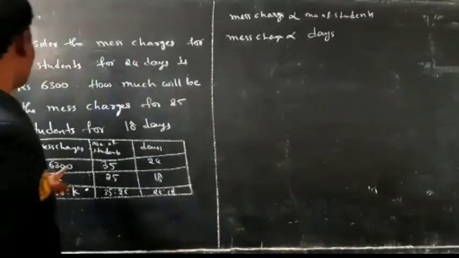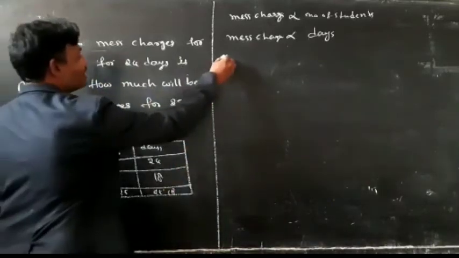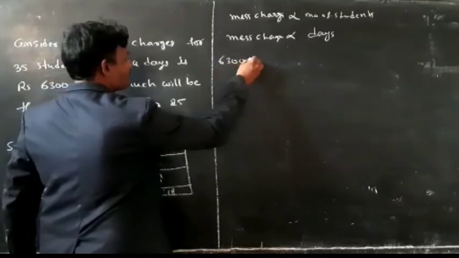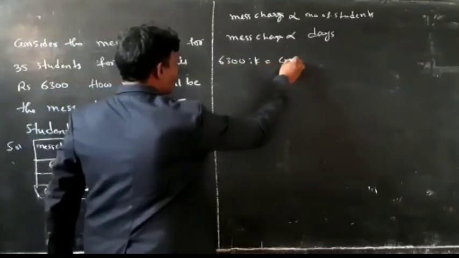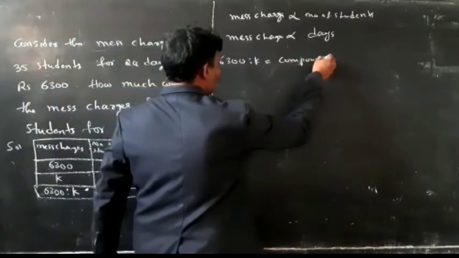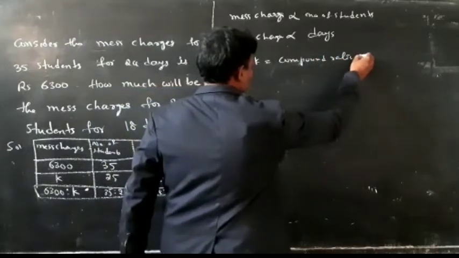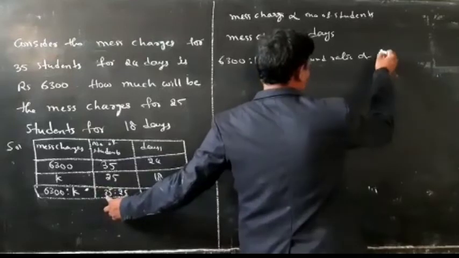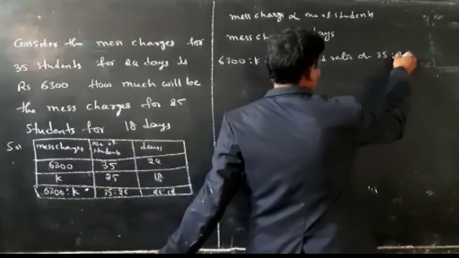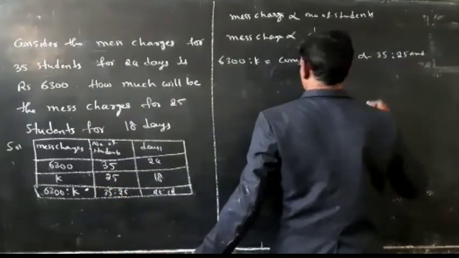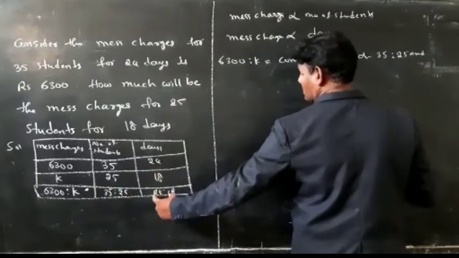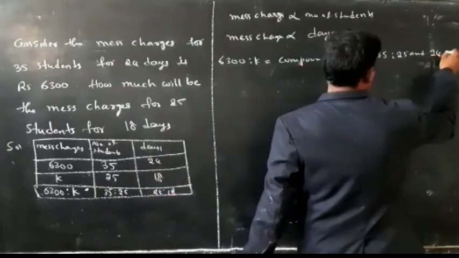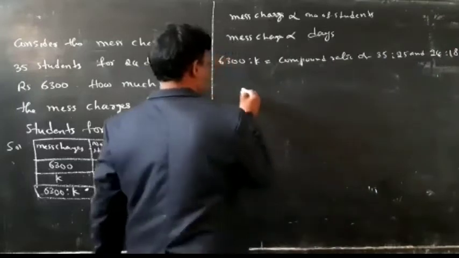What is the ratio of the mess charges? 6,300 is to k is equal to the compound ratio of, what is the ratio of the number of students? 35:25, and the ratio of the days 24:18.